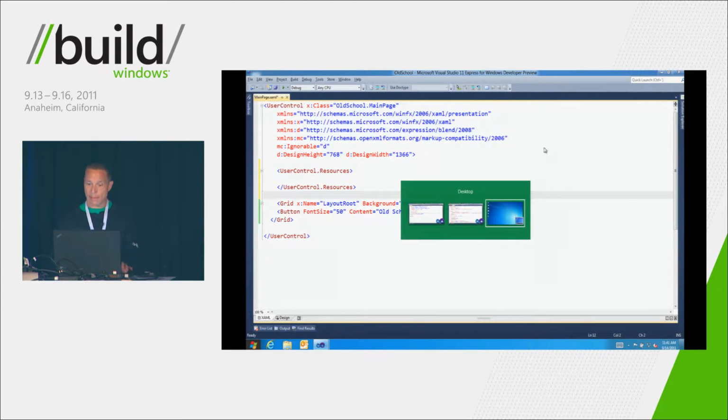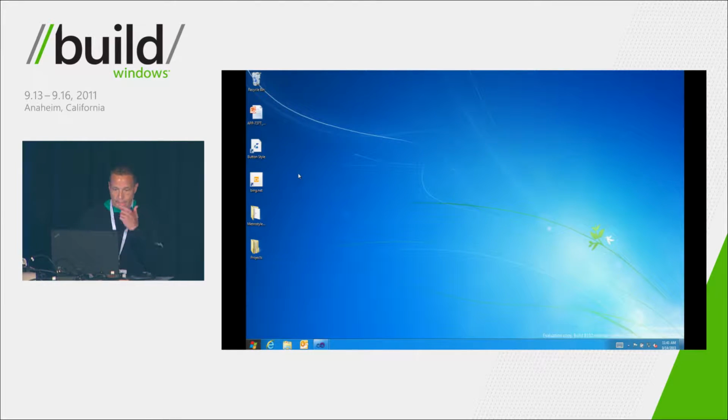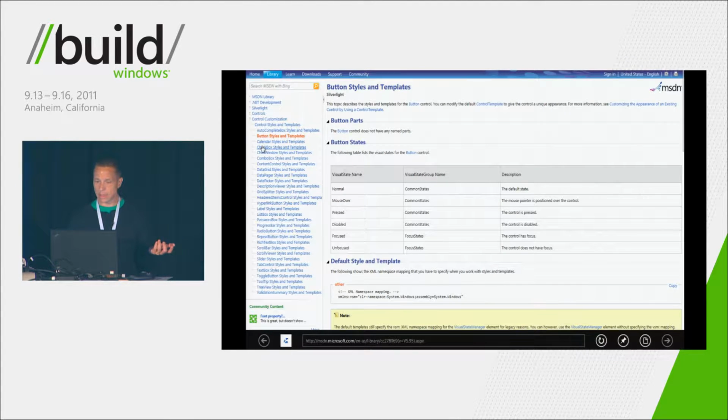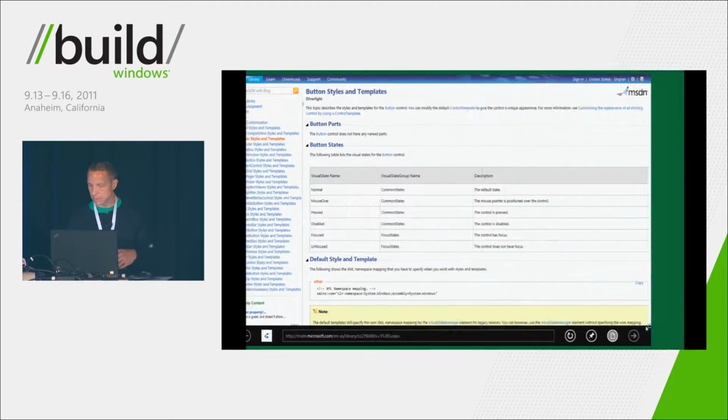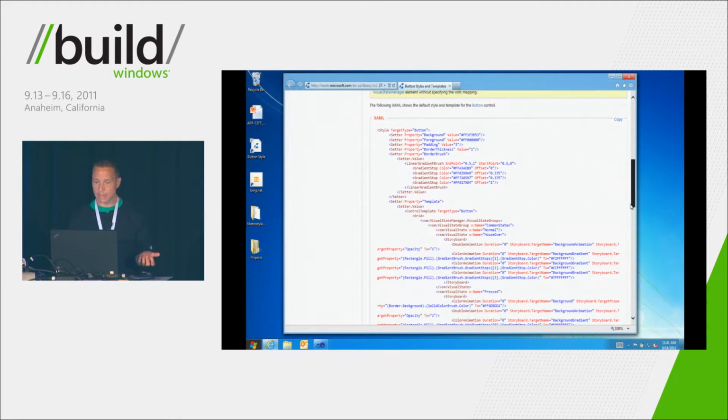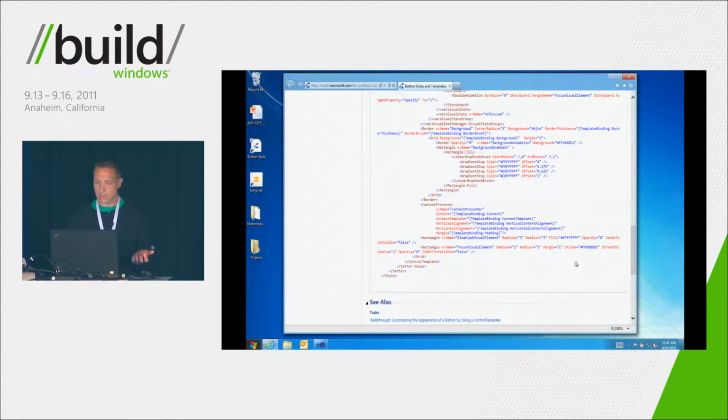I'm going to Alt-Tab to the desktop. And I happen to have a link here to documentation for Silverlight. It brought it up in the Metro style browser. I'm just going to make the demo easier. There's a little icon you can click on the Metro style browser that says use desktop view. That brings up the same page in desktop view. But this is the MSDN documentation for the Silverlight button.